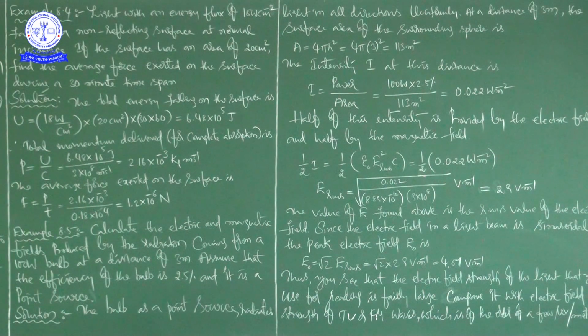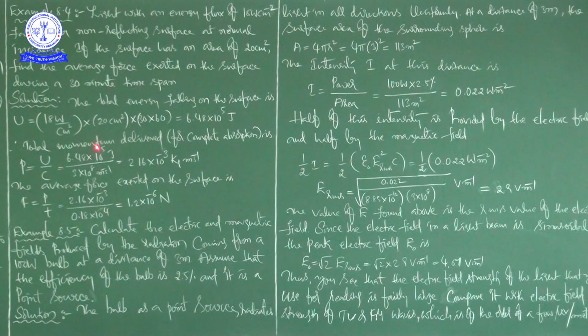Now, total momentum delivered, in the bracket for complete absorption. While explaining the problem I told you, non-reflecting surface means the total light incident on the surface will be completely absorbed. That he is writing here in the bracket. For complete absorption, total momentum delivered P is equal to U by C. So the U value we calculated is 6.48 into 10 to the power of 5 joules, and the C value we know is 3 into 10 to the power of 8.